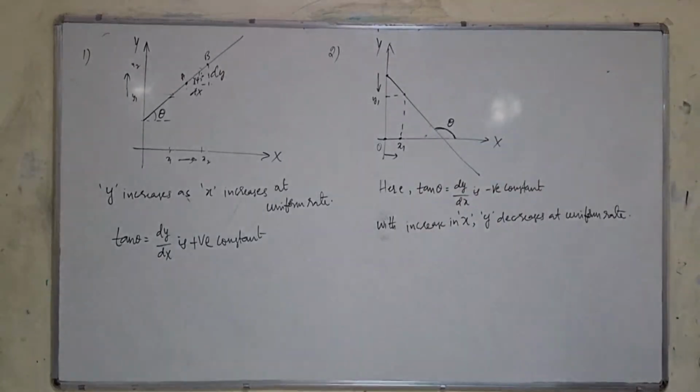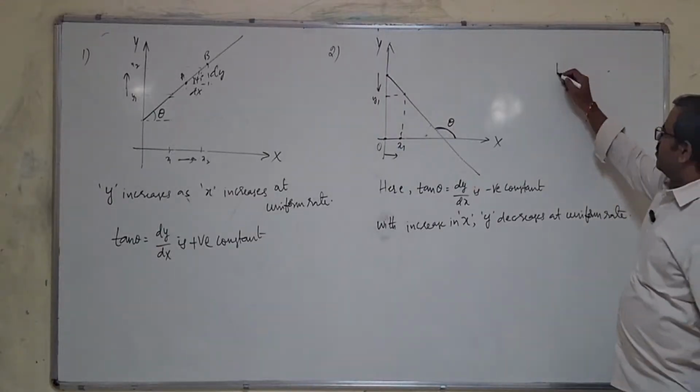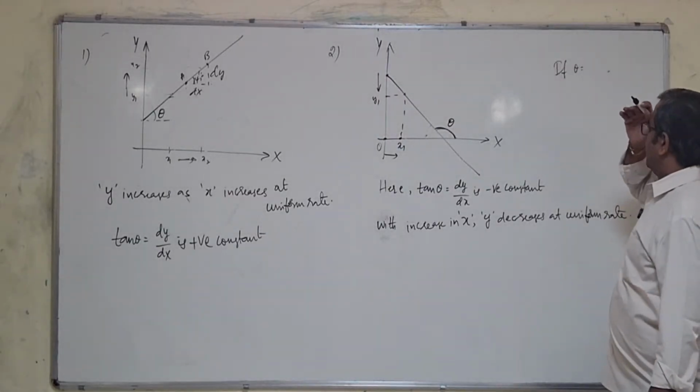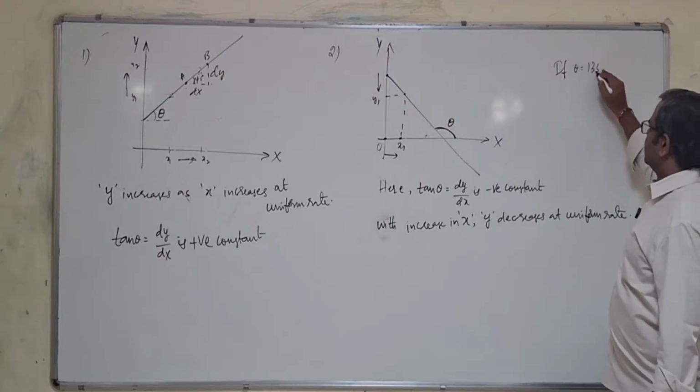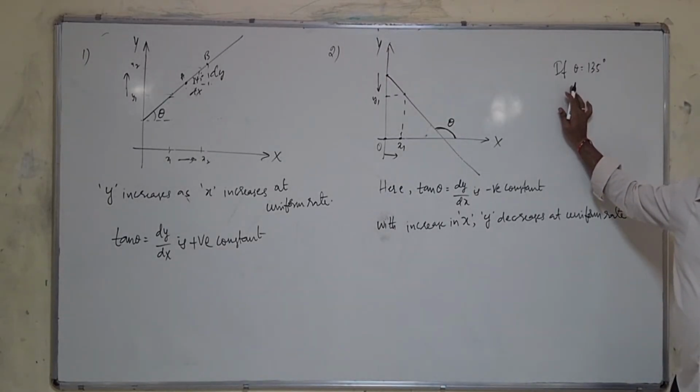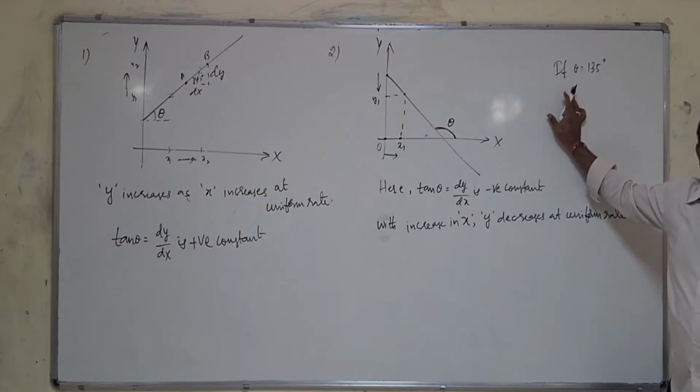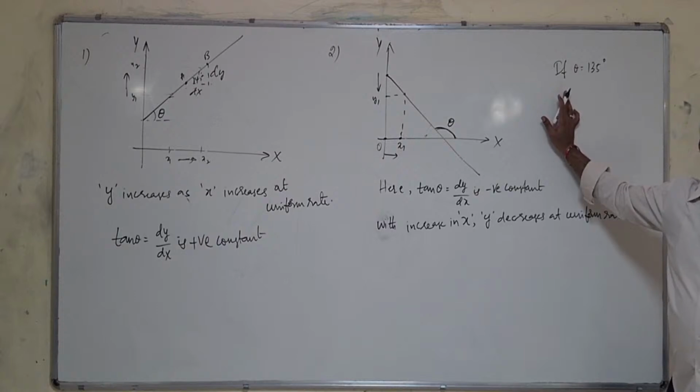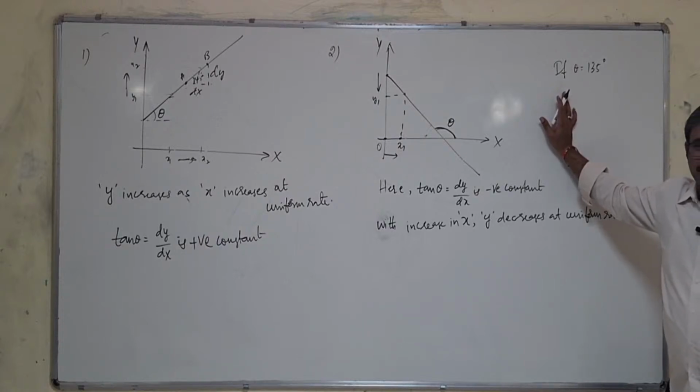Okay, note down this. For example, if theta is equal to say 135 degrees, what is tan theta equal to? Quickly, tell me.